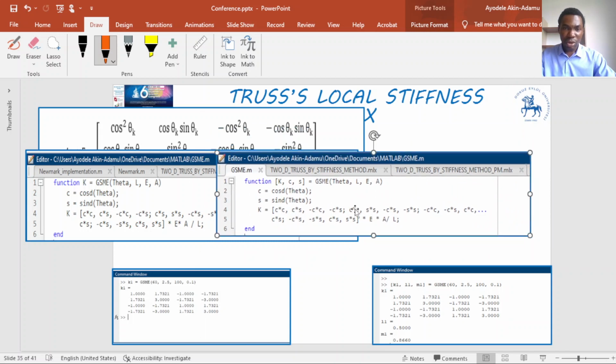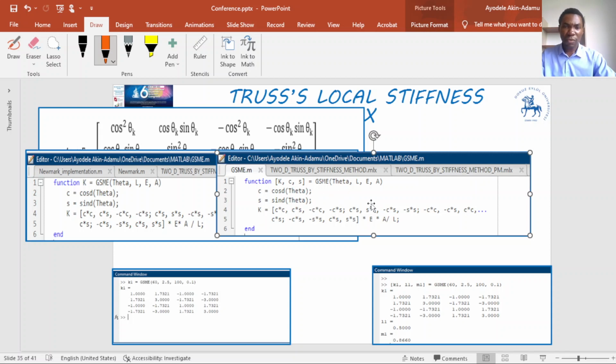to give 3 outputs, k, c, and s, where k is the local stiffness matrix, c is the cosine angle cos theta. You can see c equals cos of theta. S is the sine angle, sine theta, as defined in the image.